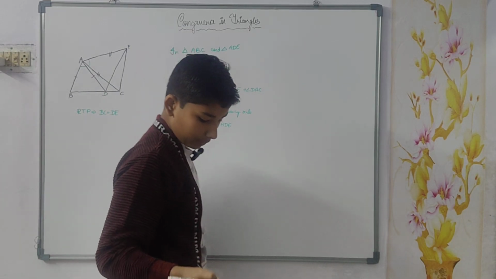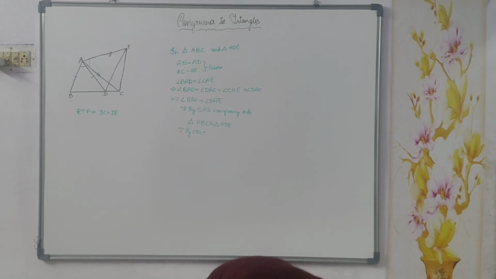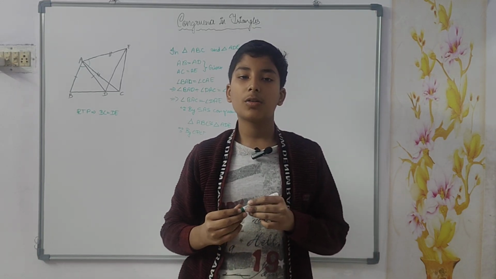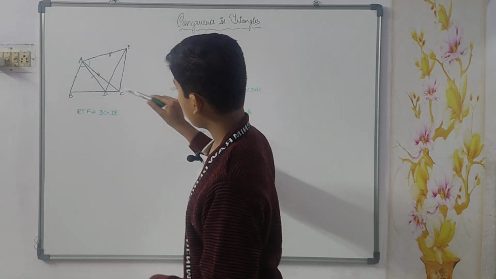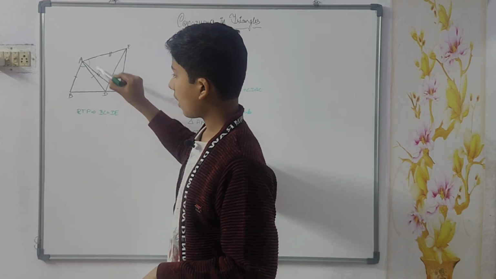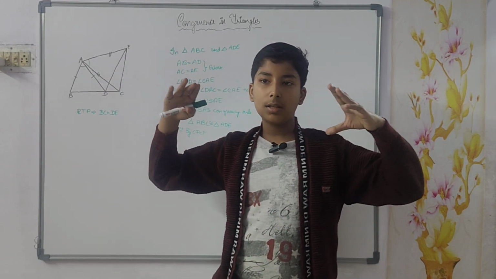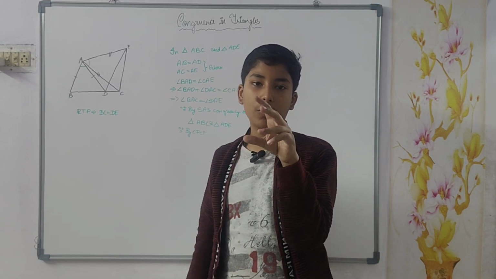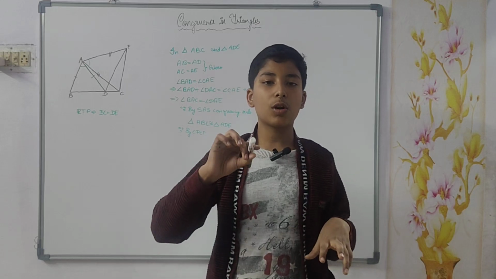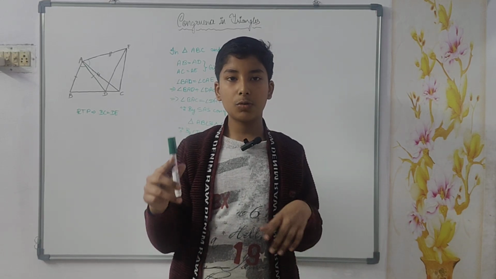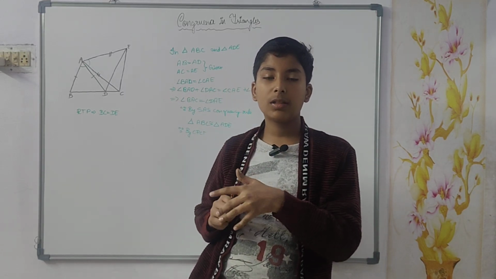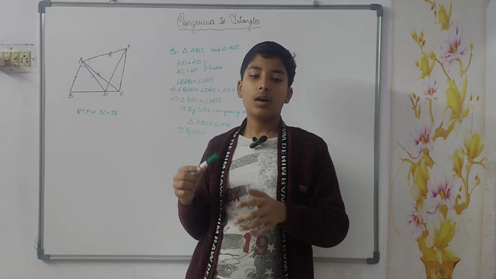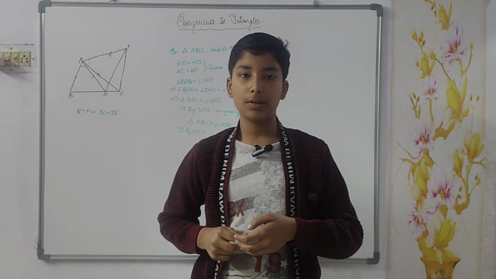Therefore, by CPCT. What is CPCT? CPCT means corresponding parts of congruent triangles. Let us take an example. This triangle and this triangle: if they are congruent, then they will overlap each other. Hence, the two figures will be considered one figure, because we will not be able to see the back figure, because the first one will overlap the second one.